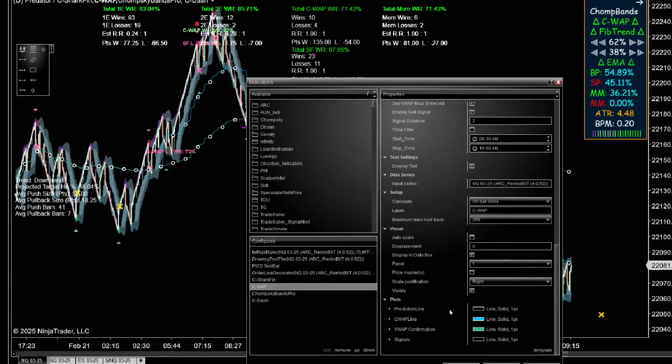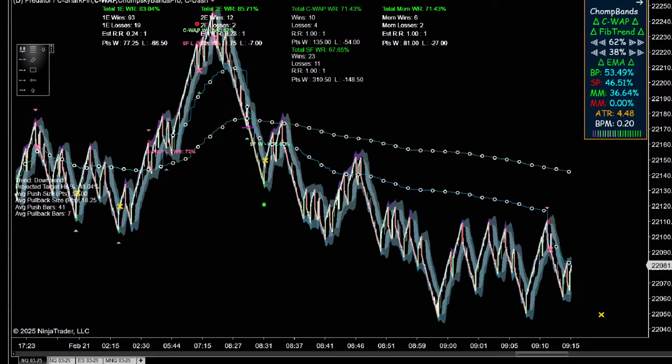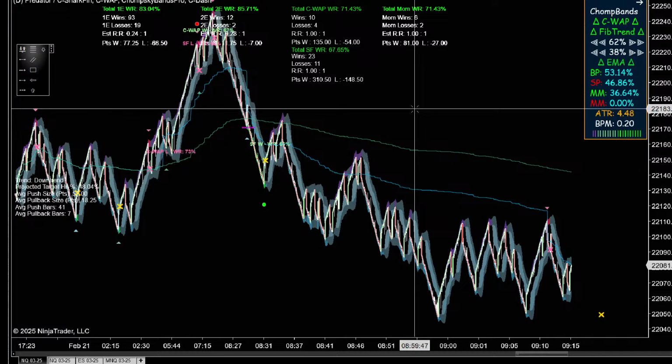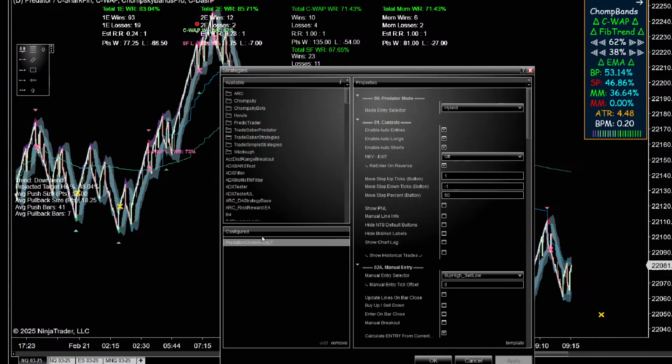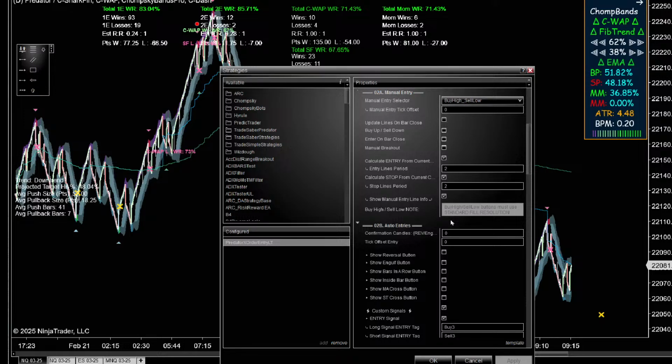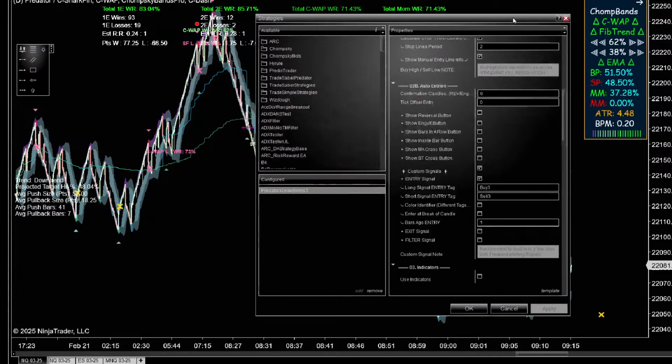All right, so before we go, just so everyone knows, I get questions a lot about how I like to set up my trading. I use Trade Saber's Predator, and I put in whatever I want to use here, like the CWAP signals.